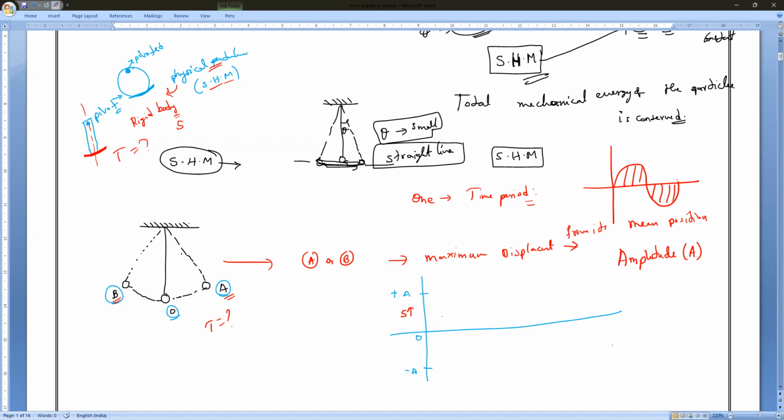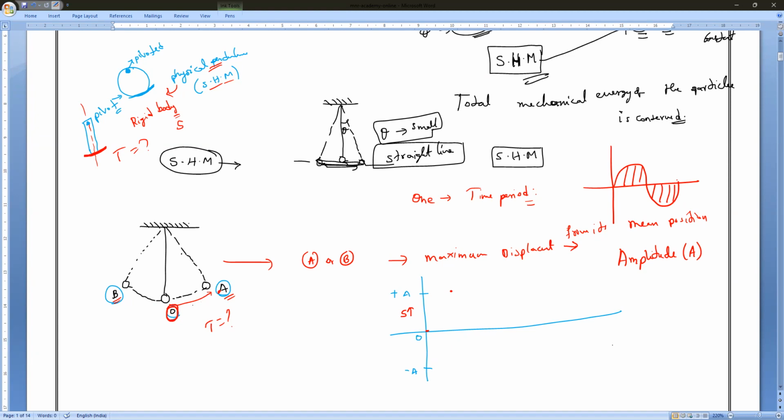Initially the bob is at mean position. Now I have taken it to the extreme position, point A, so the bob is here. I have displaced it to point A first. Is point A maximum displacement or minimum displacement? Maximum displacement.